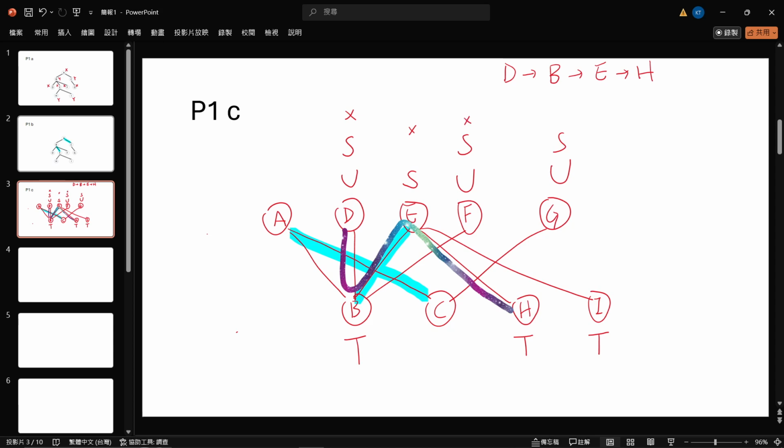But just for the sake of completeness, let's continue the algorithm.